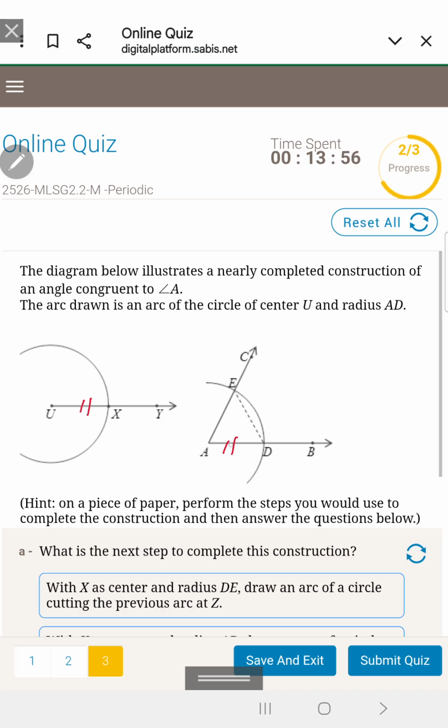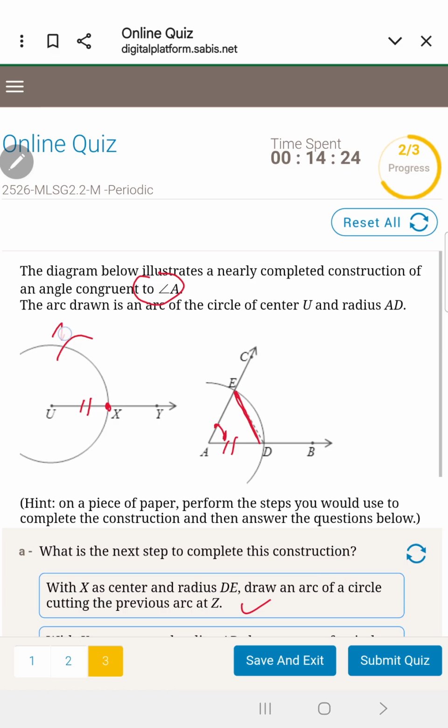In order now to construct an angle equal to angle A as required, you have to put the compasses at X and open the compasses with radius DE to copy the angle A and put an arc like this here. So with radius DE at X here, draw an arc of a circle cutting the previous at Z.